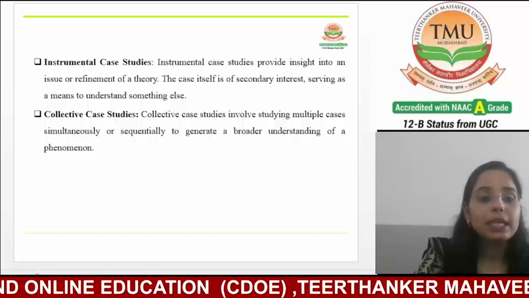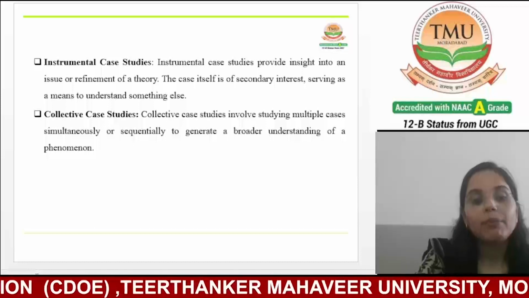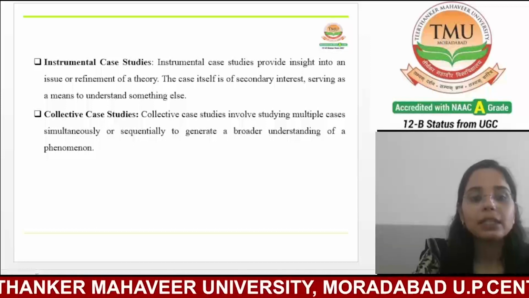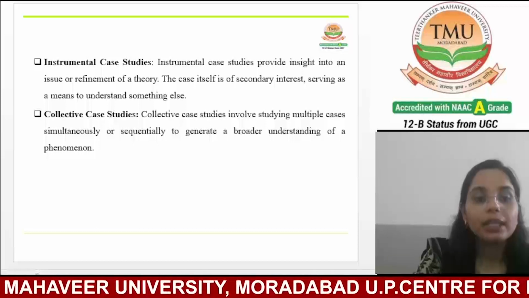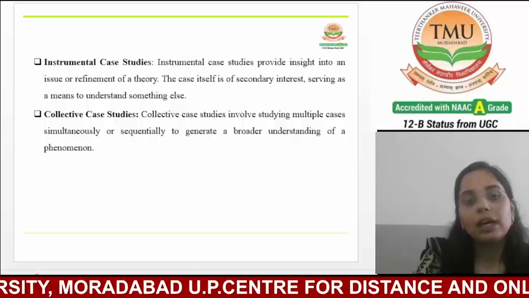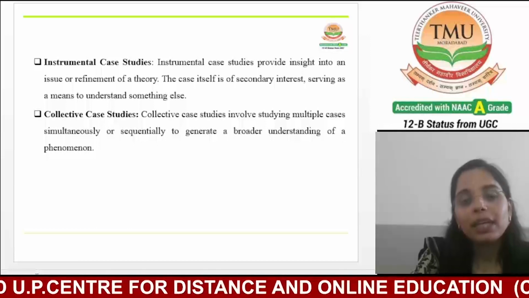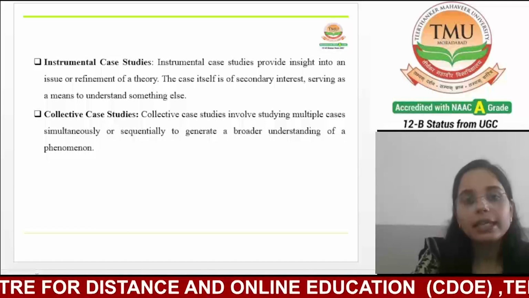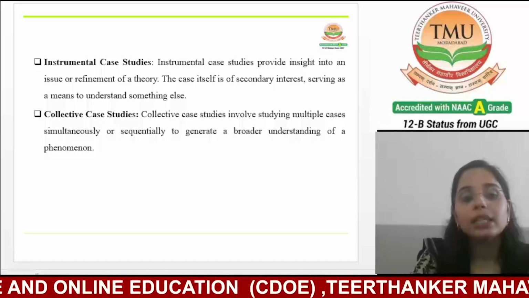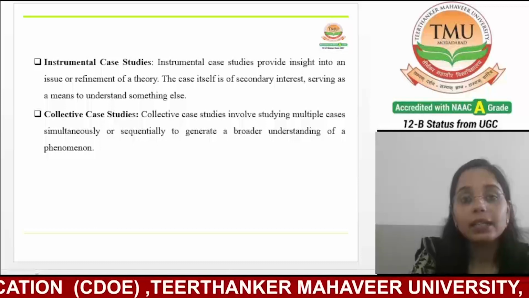By examining several cases, researchers can identify patterns, themes, and relationships that might not be apparent from a single case. The goal is to develop a more comprehensive understanding of a particular issue. For example, studying several successful companies to identify common factors that contribute to their success.